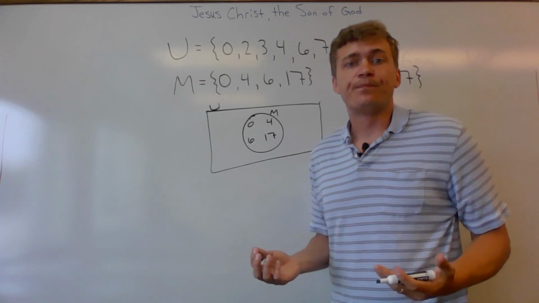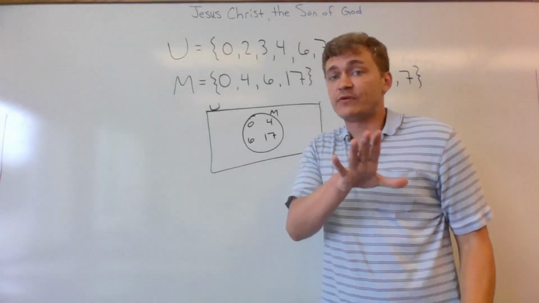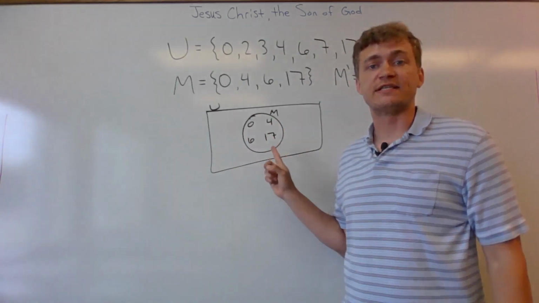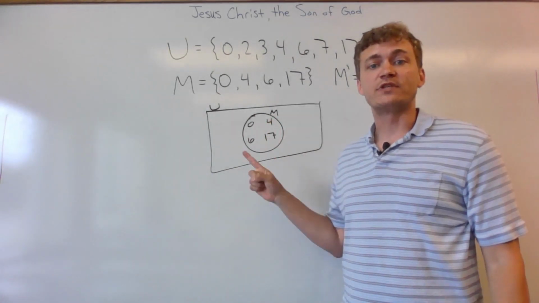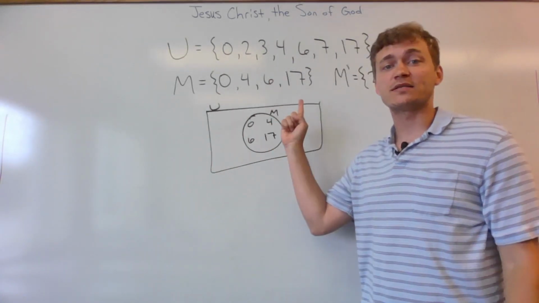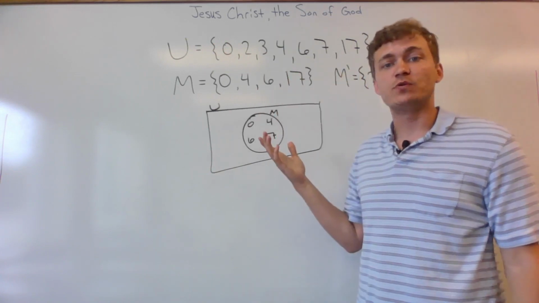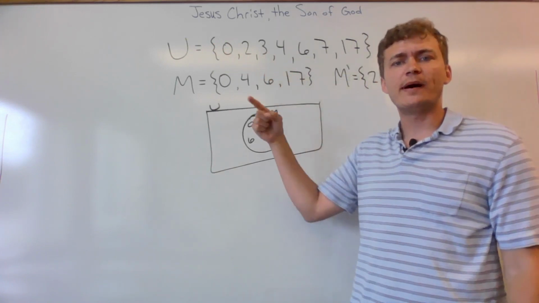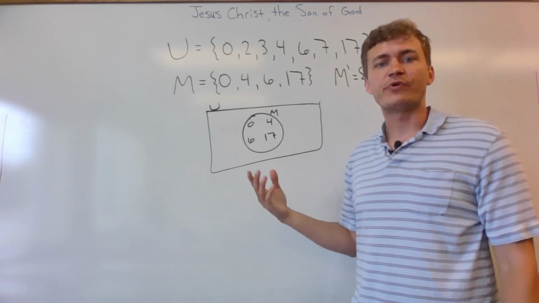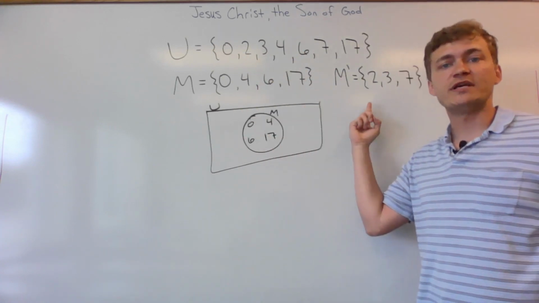So far, so good. Now, what about the remaining numbers? Because as you see, M contains 0, 4, 6, and 17. Likewise, 0, 4, 6, and 17 is also inside the box. And that's what U is. And we can see 0, 4, 6, and 17 in U as well. But what about everything else in U? What about the 2? What about the 3? What about the 7? Well, those are the numbers here.